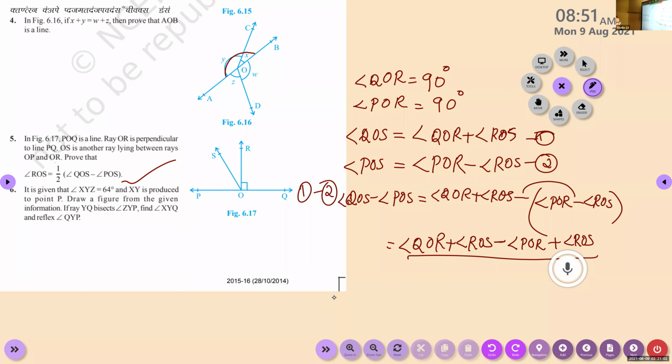Angle QOR plus angle ROS minus angle POR plus ROS. POR. How?